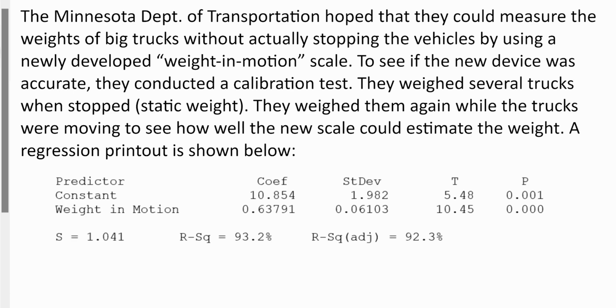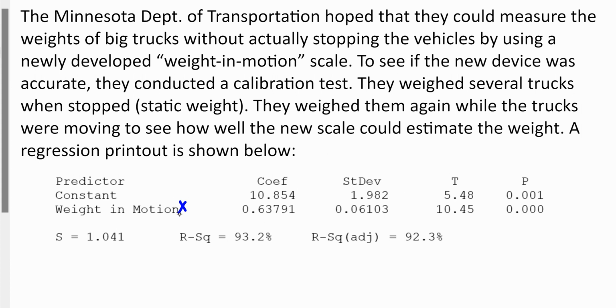So my example here is a computer printout from the Minnesota Department of Transportation. They're looking at a new weight in motion scale, to see if the new device weighed several trucks accurately when they stopped. So they're trying to figure out stopping and how it relates to weight. I would say this is my x, the weight in motion.